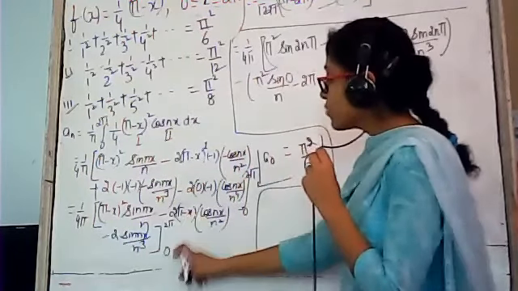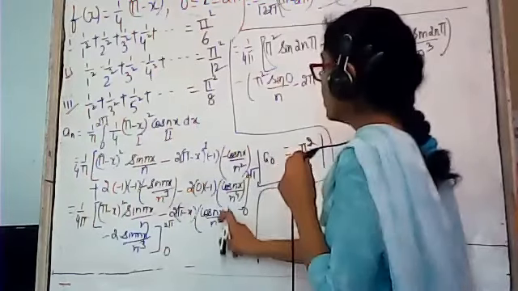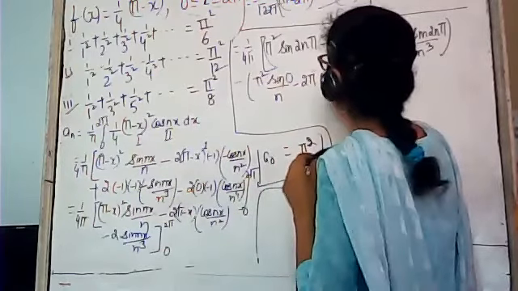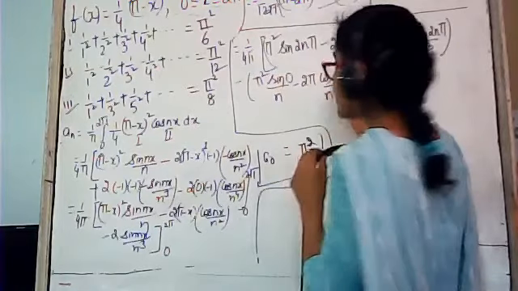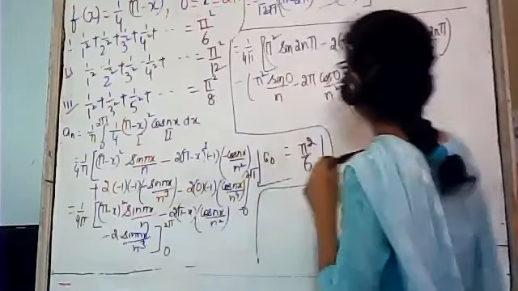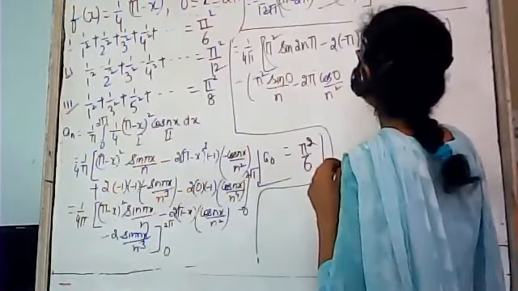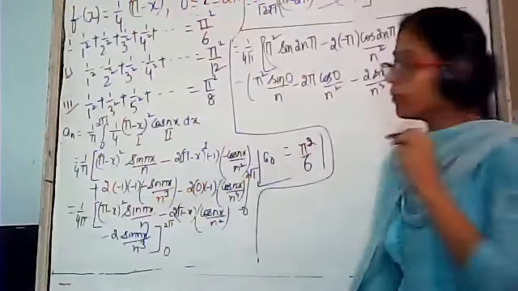In the place of x, we have to replace 0. Then cos, in the place of x we put 0. This is cos 0 upon n square, minus 2 sine 0 upon n cube. So this is the lower limit.